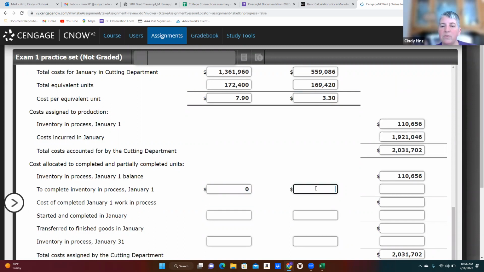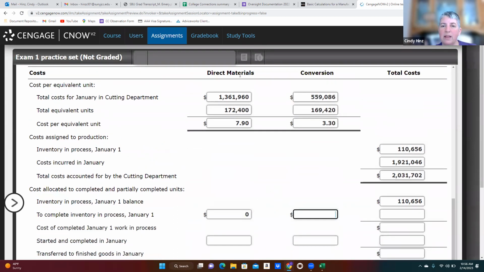So I didn't have to add any direct materials. Again, these columns line up under the direct materials and then the conversion cost column. So I didn't have to add any cost for direct materials, but I did have to add 3,920 units at $3.30 each. I'm multiplying those two together. 3,920 units at $3.30 is a total of $12,936.